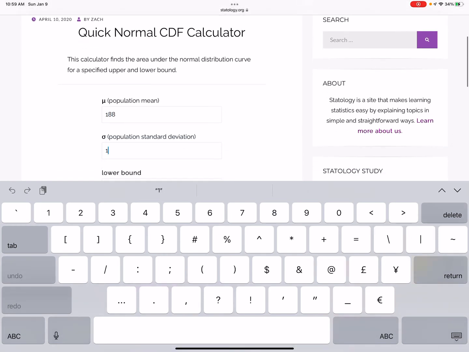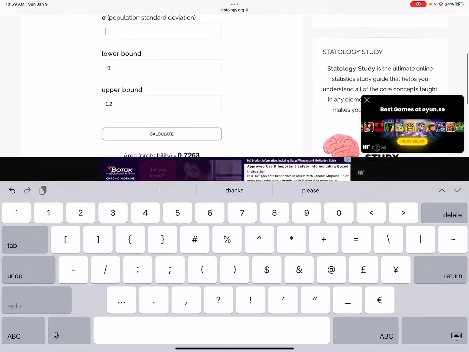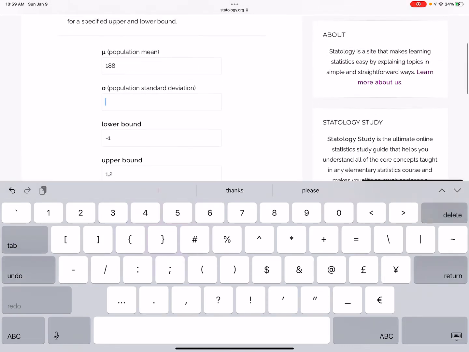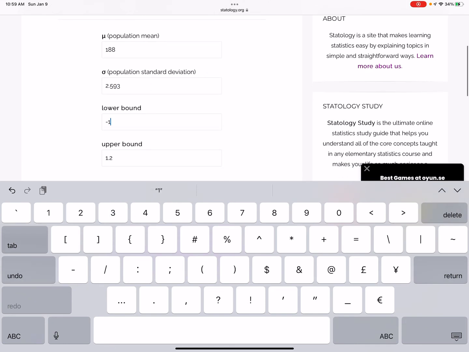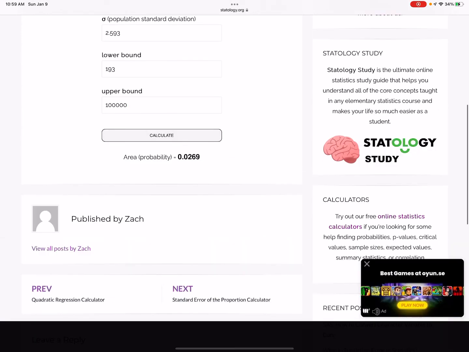The population standard deviation is, oh, we don't want to put that in. We want to put the other one in, 2.593. Our lower bound is 193. The upper bound is a really big number. Let's go ahead and calculate.